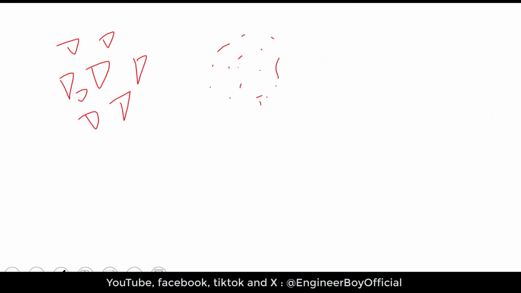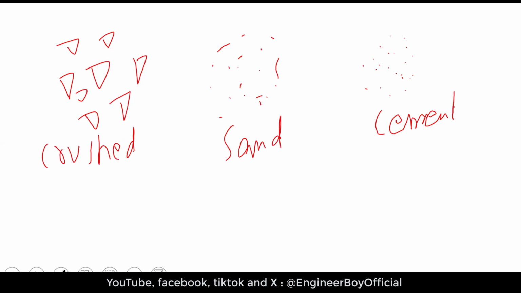So what happens actually, if you see, we have aggregates like crush stone, and there can be sand like this, and here we have cement, very fine. So we have three materials. This one is sand, and this one is crush stone, or coarse aggregate if you use technical words.